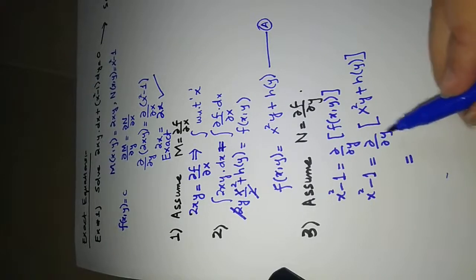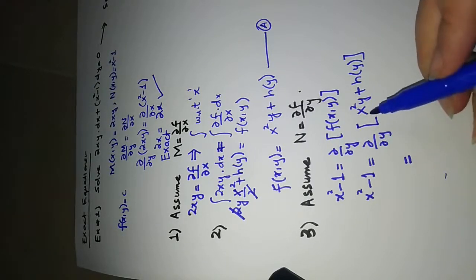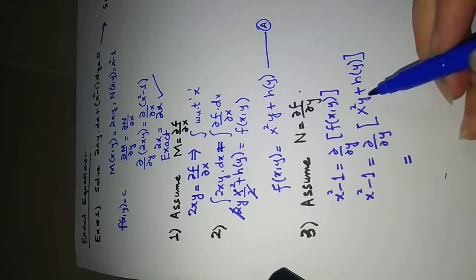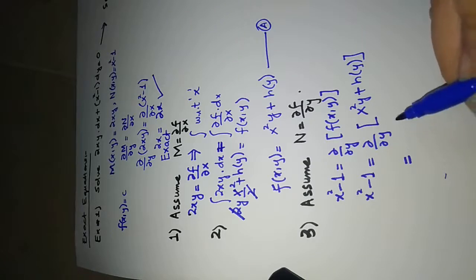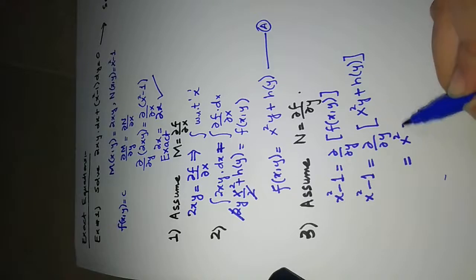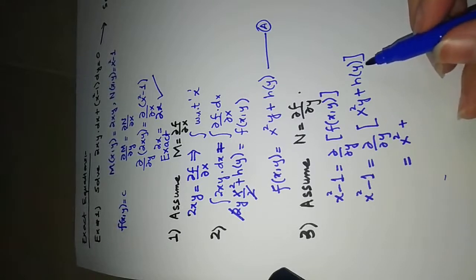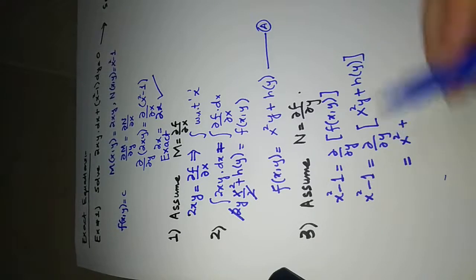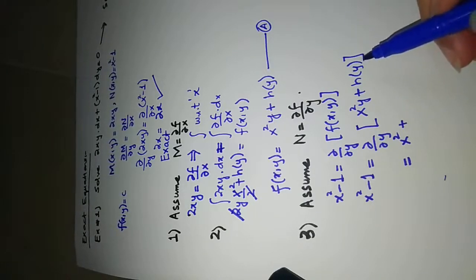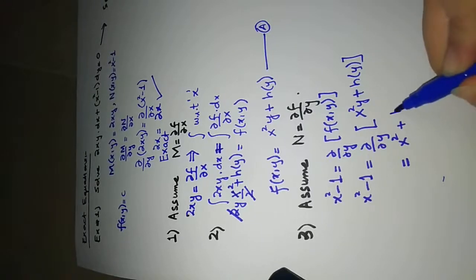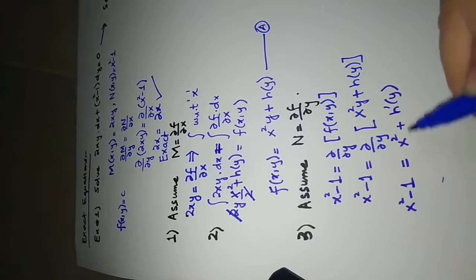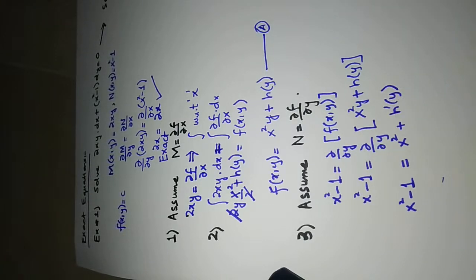So what is the derivative? x² here is a constant and y is to the power 1, so the derivative of y to the power 1 is 1. So we are left with x², and h(y) is only a function of y, so the partial derivative becomes an ordinary derivative. So here it is h dash of y, and the equation is x² minus 1 equals x² plus h dash of y.